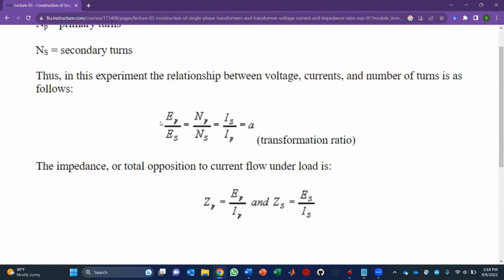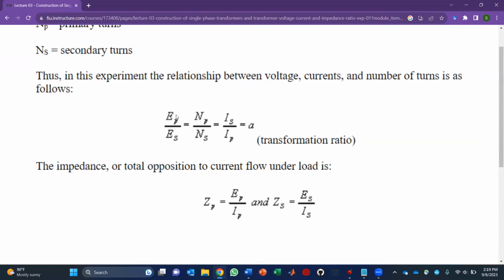For instance, if the supply voltage is 140 and the secondary voltage is 70 volts, in that case the ratio will be 2. And I'd like you also to calculate the transformation ratio with the current values, like the primary current and secondary current. So I'd like you to compare them.